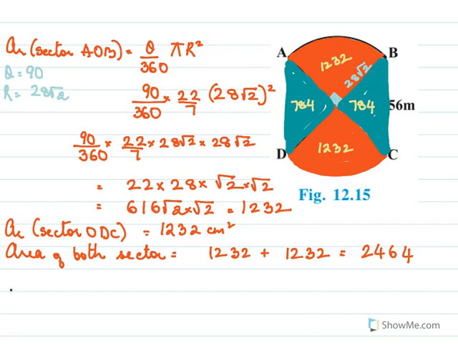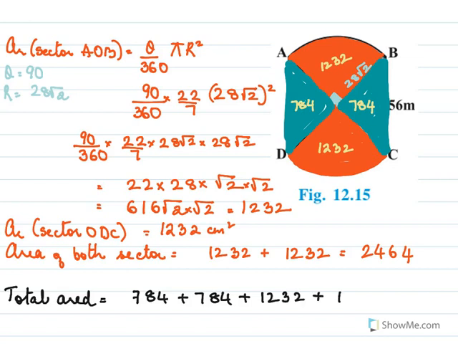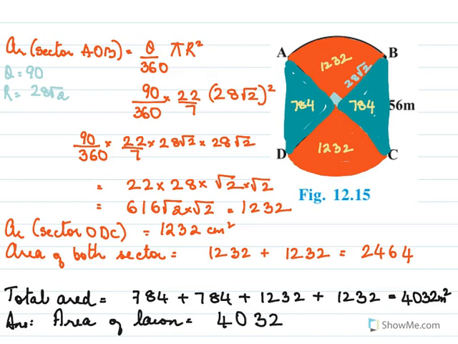So total area equals 784 plus 784 plus 1232 plus 1232, and this totals up to 4032 meter square. So for the answer, area of the lawn is 4032 meter square.